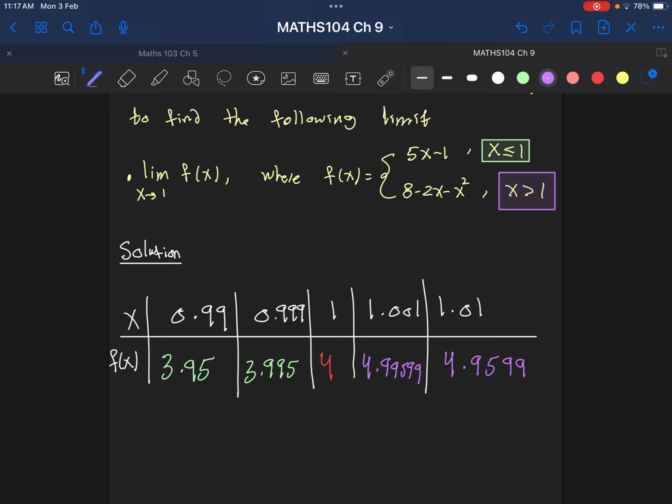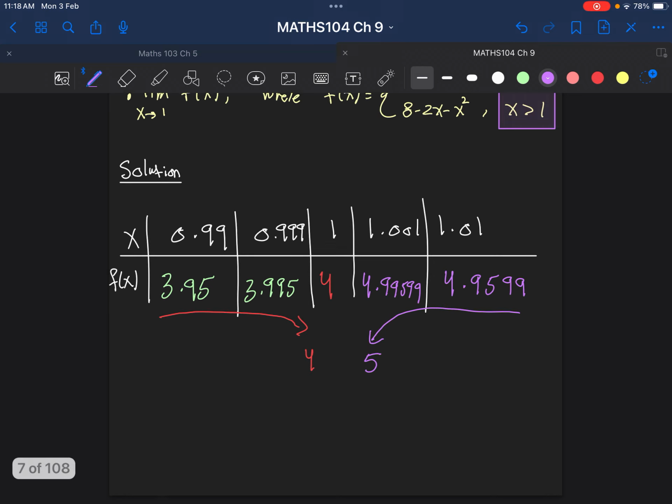Which means if we go through this path, the answer will be 4. However, if we go through this path, the answer will be 5.